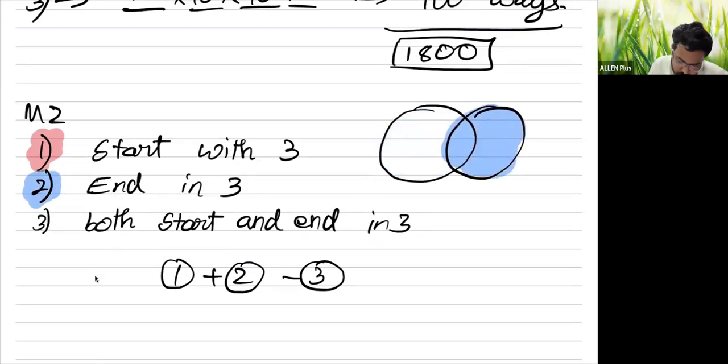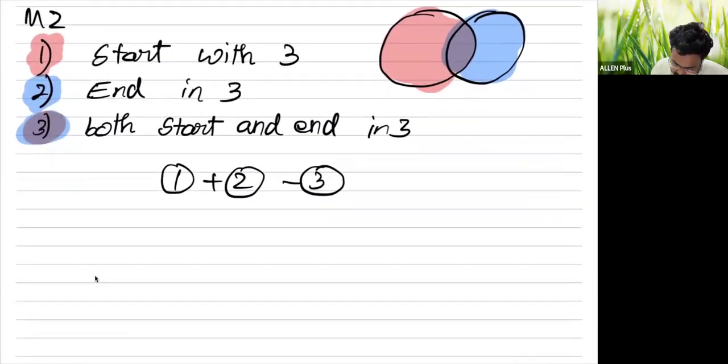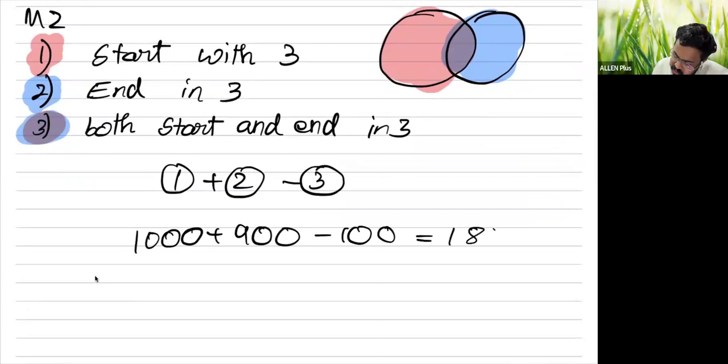This I'll color as blue. This I'll color as red. And this, both start and end in 3, will be multicolored. Clear, everyone? So again, over here also it's pretty straightforward. This will be 1000 plus 900 minus 100. And it will give the same answer.